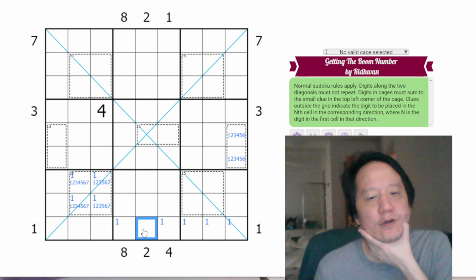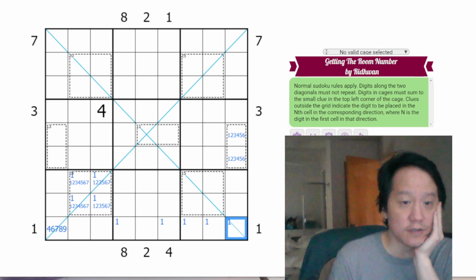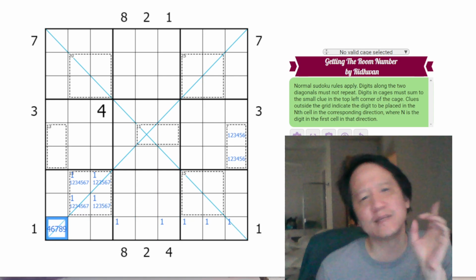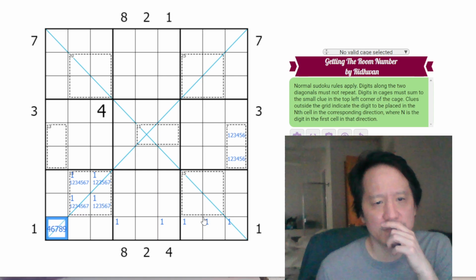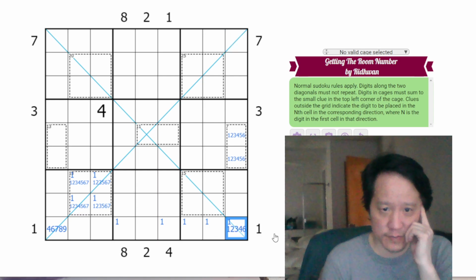It cannot be here. So this is 4, 6, 7, 8, 9. This can't be 9. Oh, wait, could be 9. It has to add up to 10, my bad. Right? So if this is the 9th one, that would be 1. If it would be the first one, right? So this could be 1, 2, 3, 4, 6.